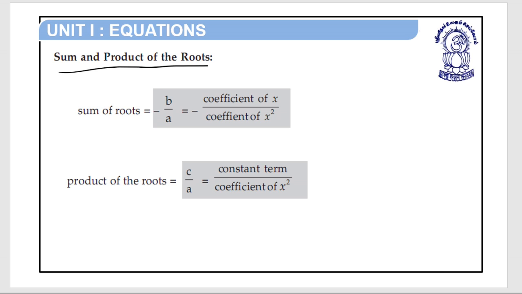Sum and product of the roots. Sum of roots is minus b by a, which means minus coefficient of x upon coefficient of x square. Product of the roots is equal to c by a, which means the constant term divided by the coefficient of x square.